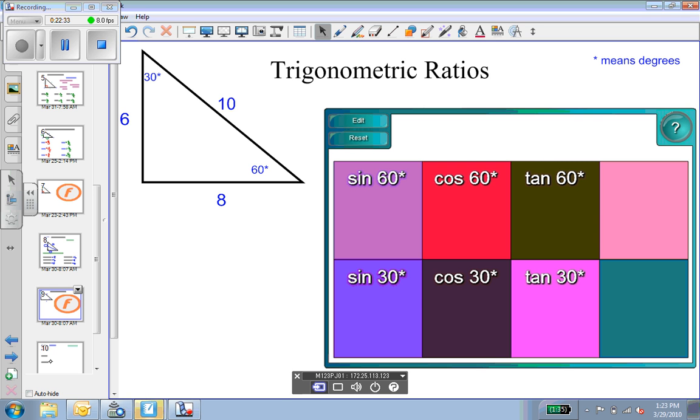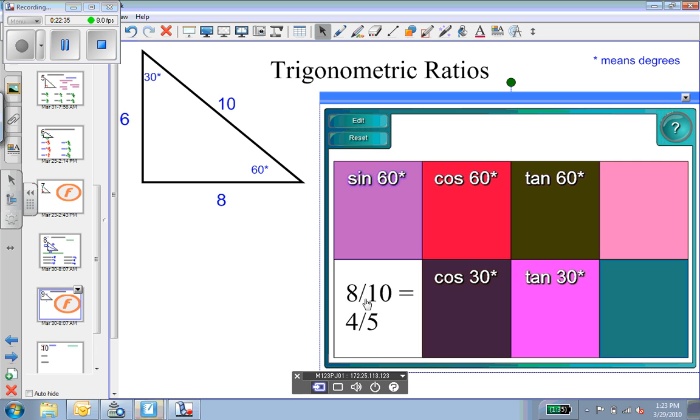Let's see, is he right? Very good. All right, cosine of 60 degrees. 4 over 7. So cosine of 60 degrees, cosine is adjacent over hypotenuse, which is 4 over 5.